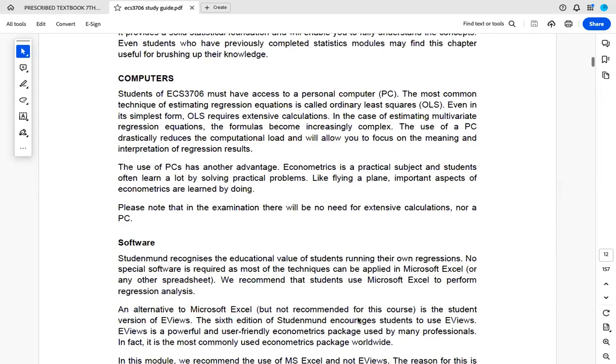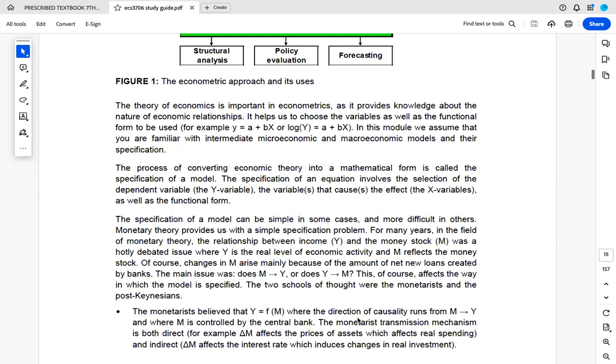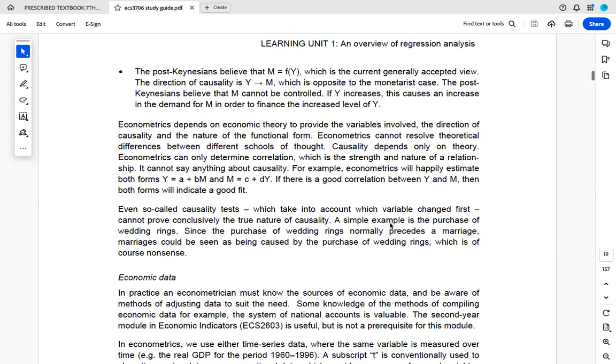I'll give you an example. In fact, the study guide has a really nice example where they say, for example, someone might come up with an econometric theory where they say that I've noticed that people get married after buying a wedding ring, right?